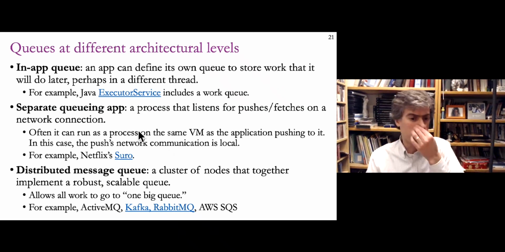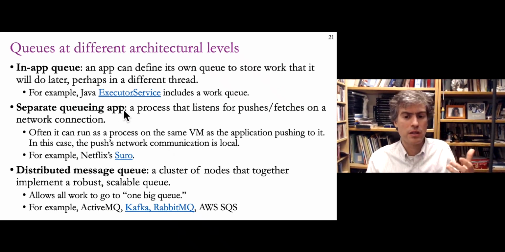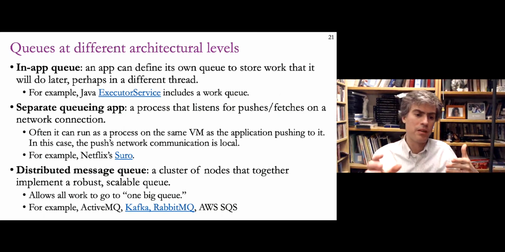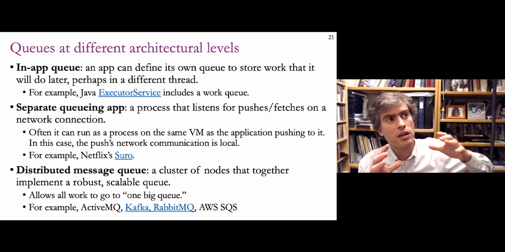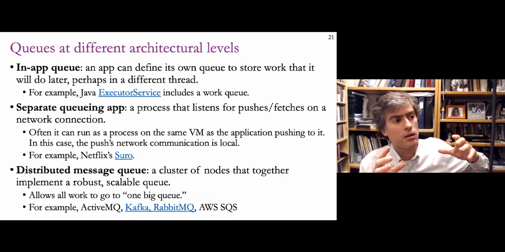It's software that is designed for queuing. It stores stuff in memory, but it also stores it to disk as well. So if the machine is powered off or something and you restart it, you'll have the messages saved there.